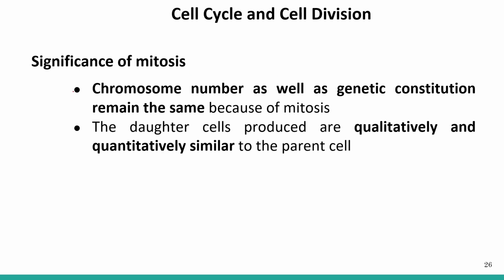Now, with the help of mitosis, chromosome number, okay, as well as the genetic constitution of the progeny cells remain the same. Alright, this we have already discussed. If the organism is diploid, it will remain diploid.